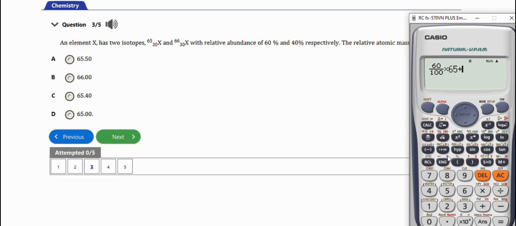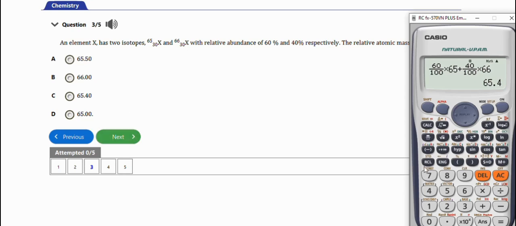Then plus, in fraction, the next one is 40%, that's 40 over 100, times 66. Press equals, then press S-D. So we have it to be 65.40. So the right option would be option C. That will be the answer to this question.